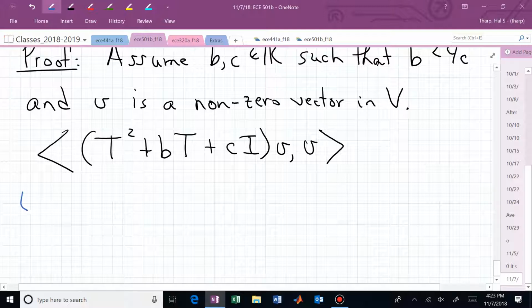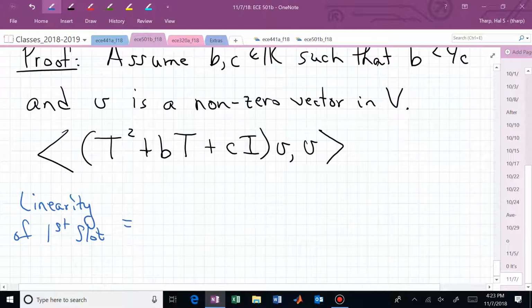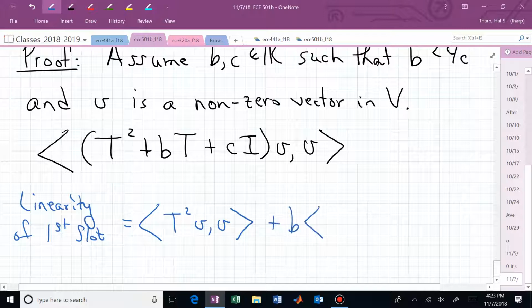So if we remember that we can use linearity of the first slot, then we can say that that left-hand side is now equal to T squared V, V inner product, plus, and let me go ahead and do the homogeneity, B times TV with V, plus C V comma V inner product.